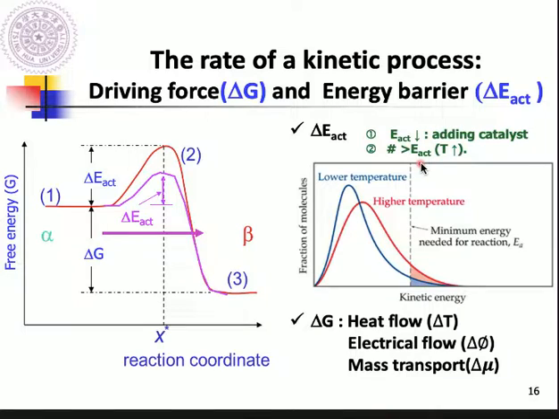Then you can speed up the reactions. Okay, and regarding the driving force, you can use either a temperature gradient, electrical field, or chemical potential gradient to drive these reactions. Doesn't matter, but the purpose is definitely to decrease the total free energy of the system.